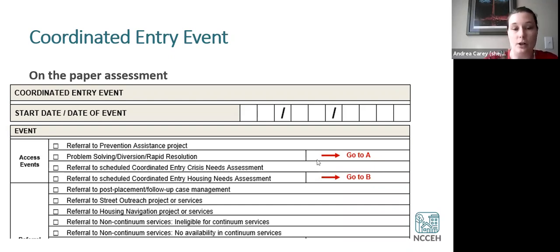And then you can also record non-continuum services. So services that are outside our system, our regular resources. This is especially important for recording ineligibility. If our community can't serve this person, and you're able to refer to some non-continuum services, you can mark that there. And then, of course, if there's no availability.